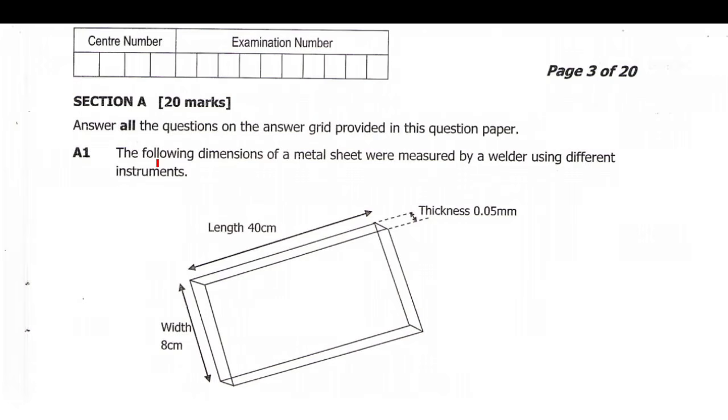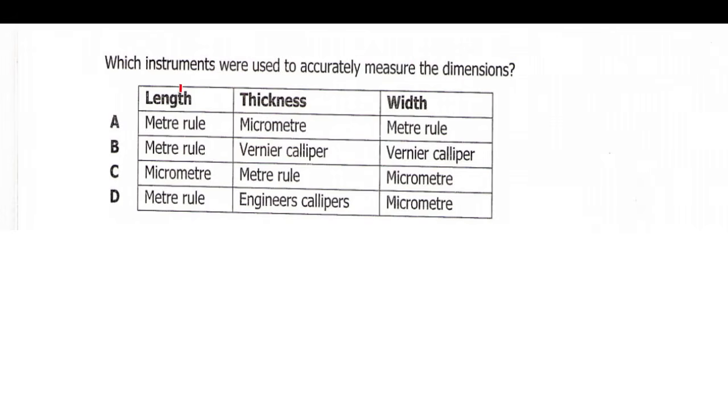A1 reads, the following dimensions of a metal sheet were measured by a welder using different instruments. So the welder measured the length, which was 40 centimeters, the thickness, which was 0.05 millimeters, and then the width, which was 8 centimeters. Then the question reads, which instruments were used to accurately measure the dimensions?